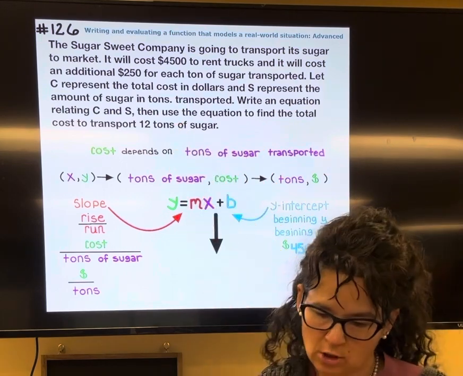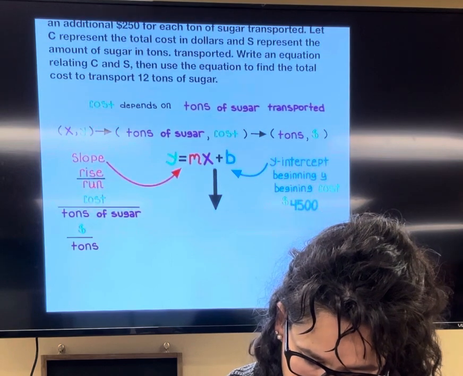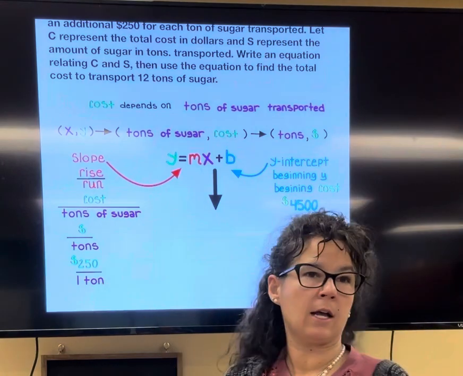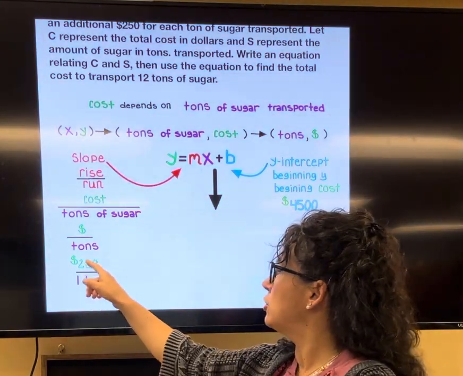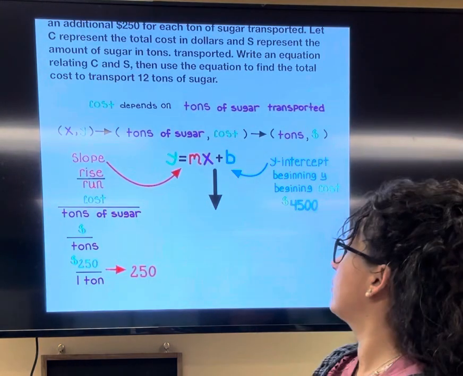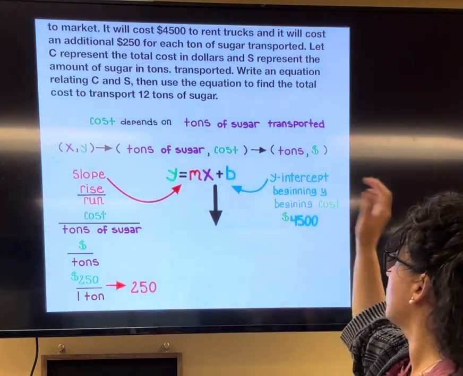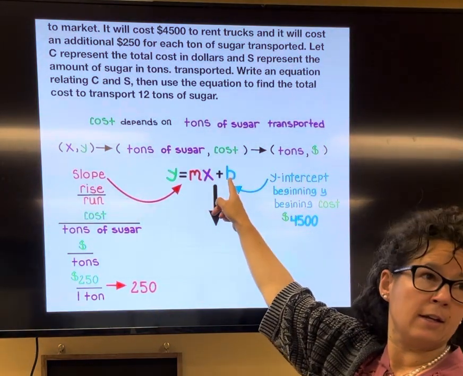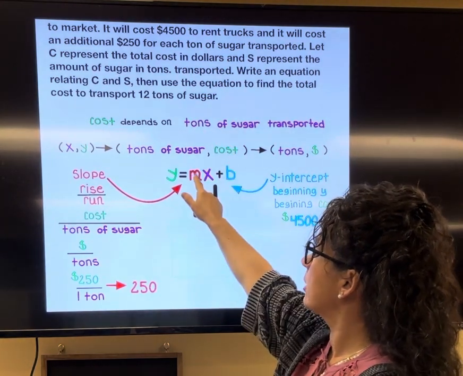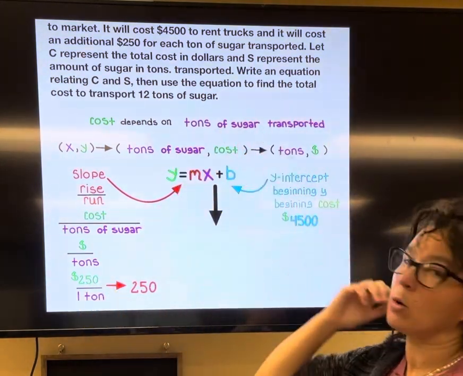In other words, $250 per 1 ton. Then 250 over 1 is 250. So the labels have gone a long way for me to figure out what the number on the end is, because it's the starting cost, and this number here is cost over tons. Now I know which number went where.